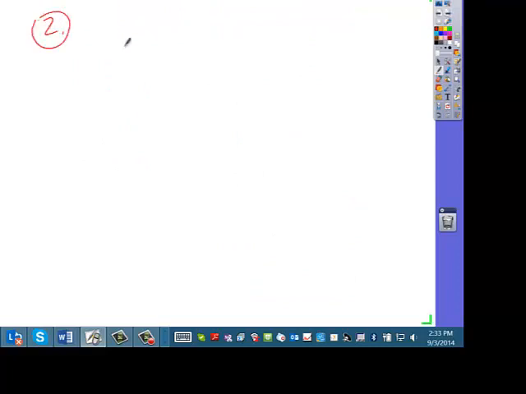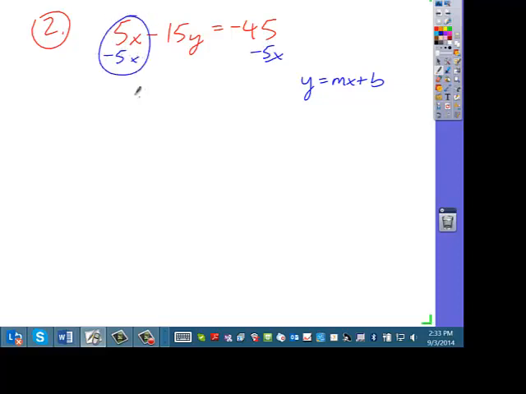Second question, put the equation in slope-intercept form. Okay, so we saw what slope-intercept form was. We want to make this look like this, which means we want y by itself. So we do this, that's 0. Careful of your signs.